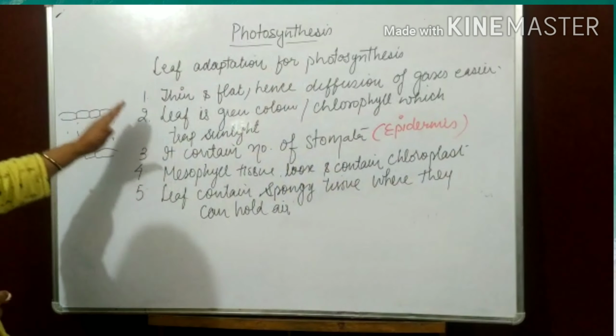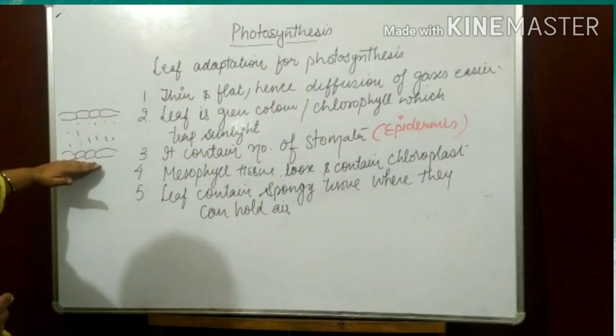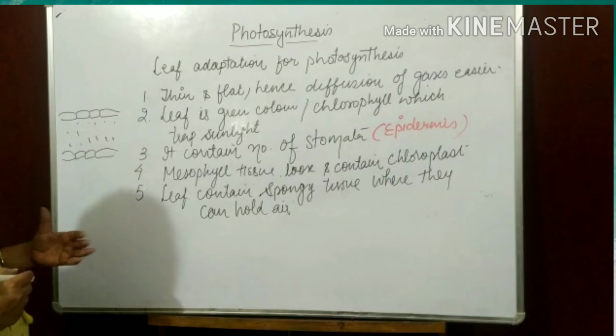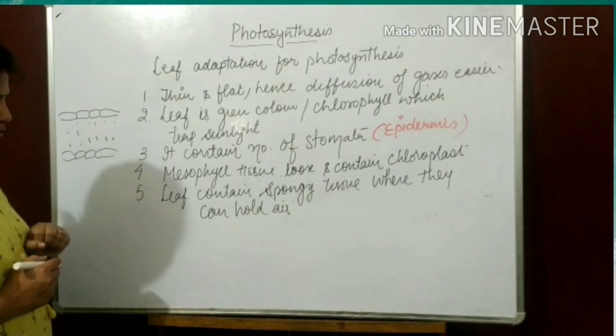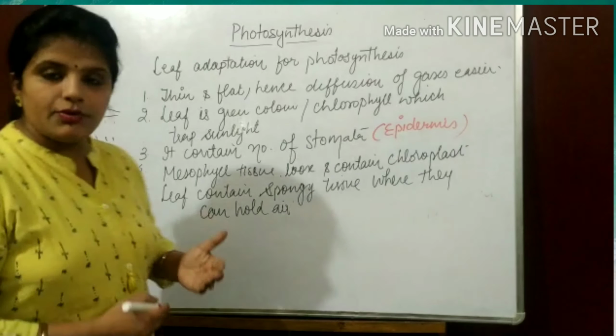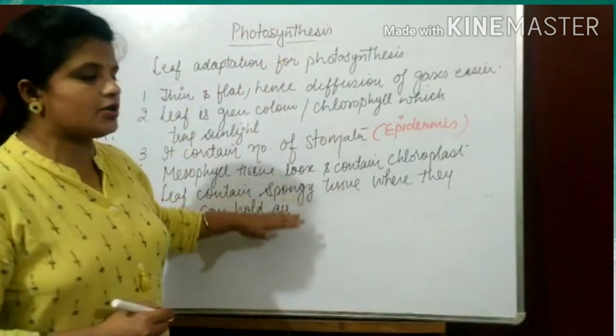Mesophyll tissue, which is between epidermis and endodermis, is loose and again contains chloroplast, so there photosynthesis is possible. And the leaf contains spongy tissue where they can hold air. So in the next video we will understand the structure of the leaf.